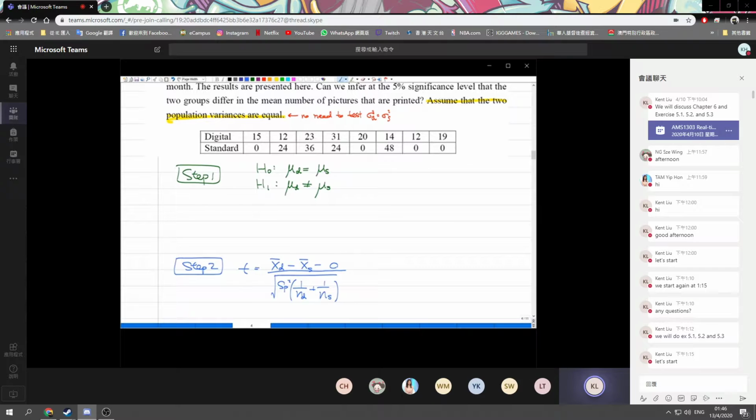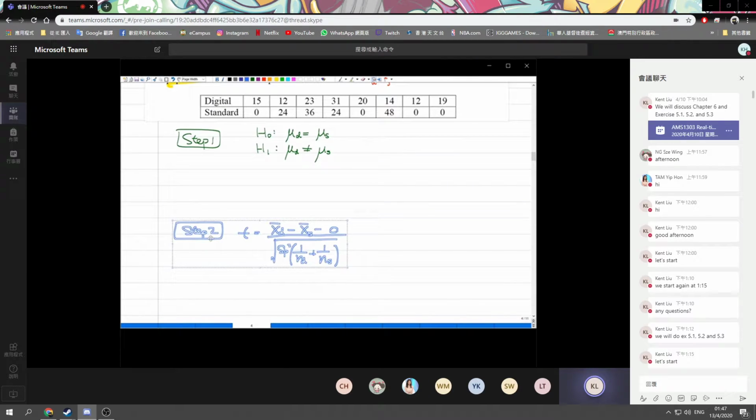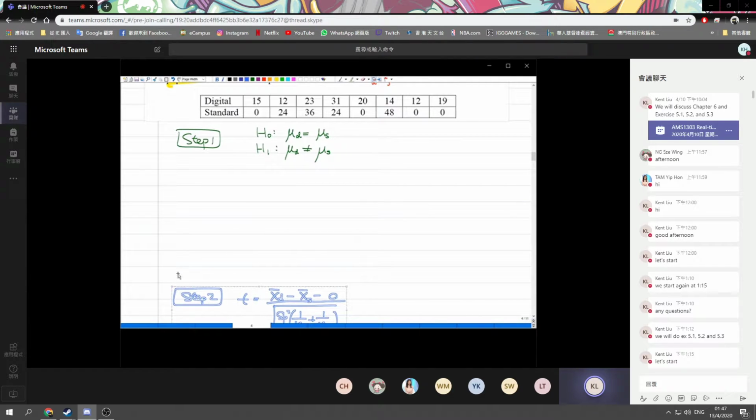Before we can get to this point, there's quite a number of calculations: the averages, the variances, and then finally the pooled variance. So let's go through this again.